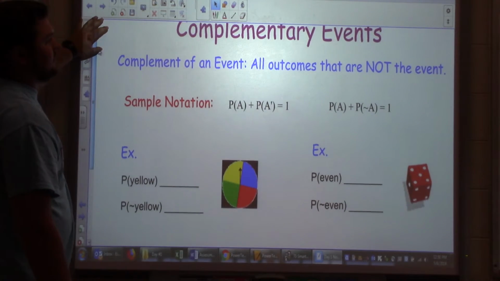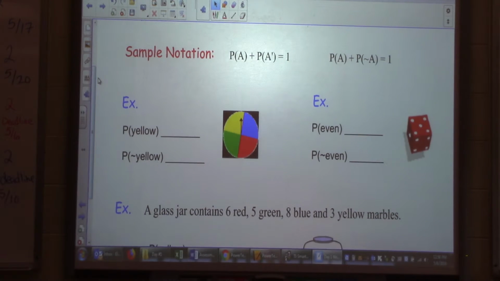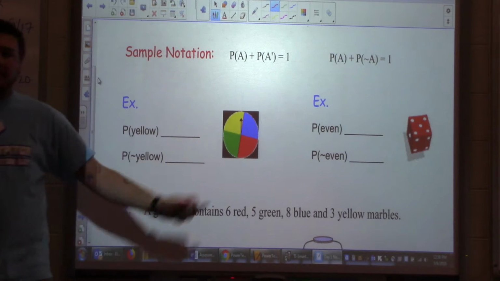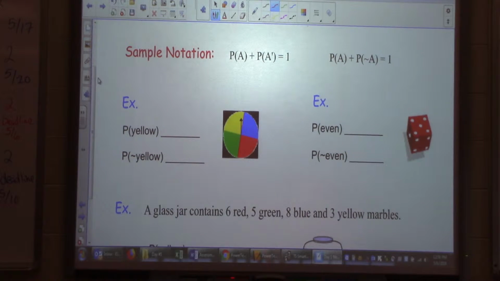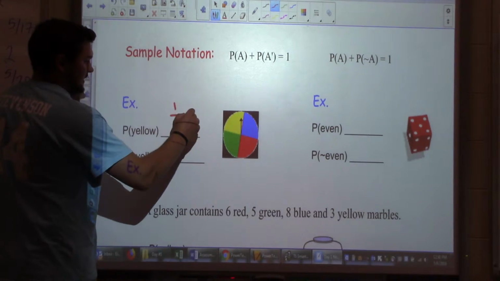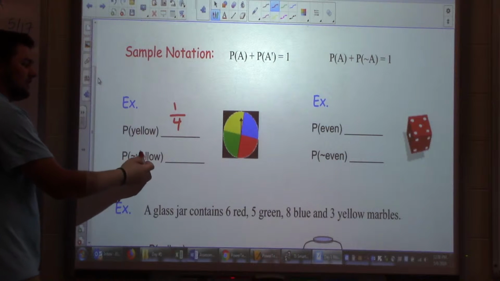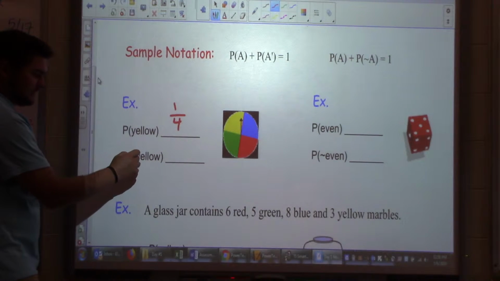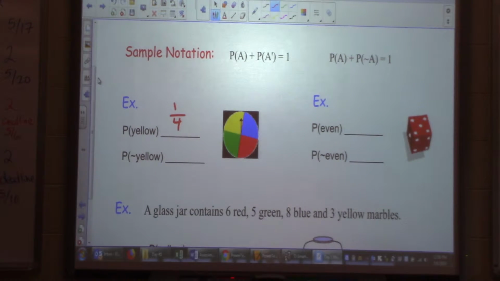Complementary events, the complement of an event, like we said, is all outcomes that don't happen. If we look here, in our first example, the probability that we get yellow on that spinner is what? 1/4. The probability of not yellow, or the complement of yellow, that's what this little squiggly line means. Remember, that's the symbol for complement. So it'd be 3/4.